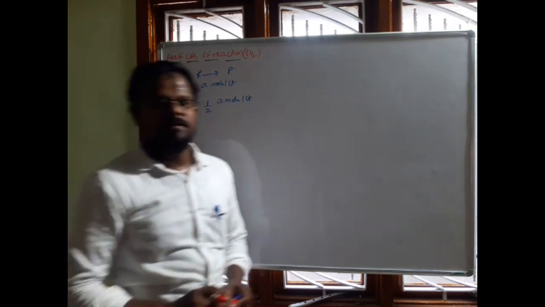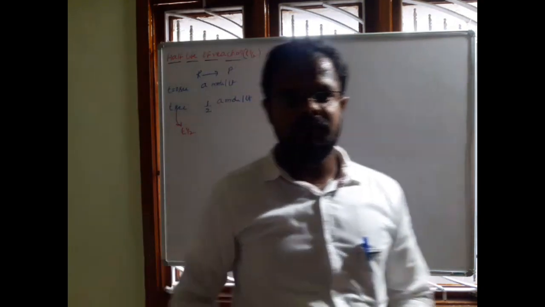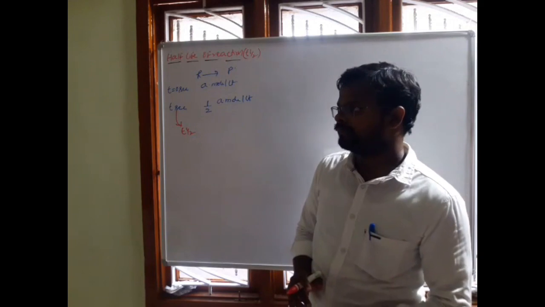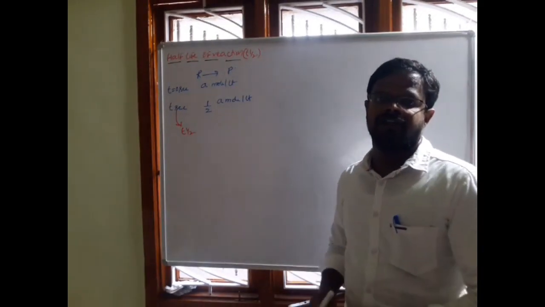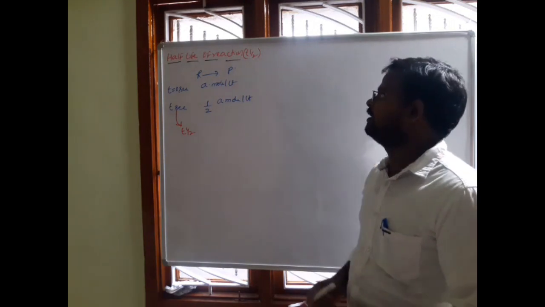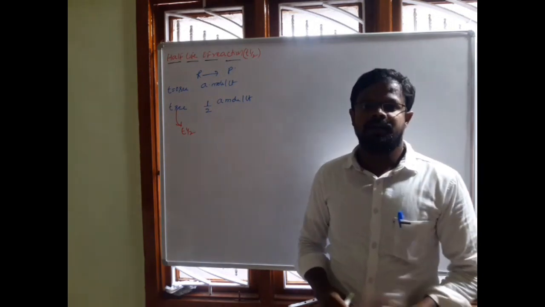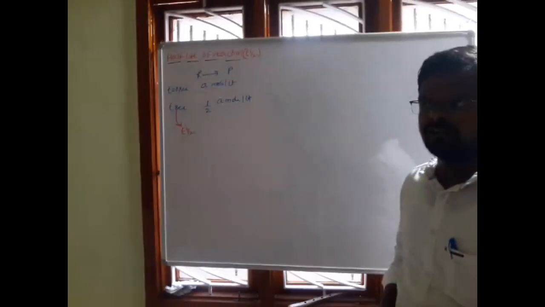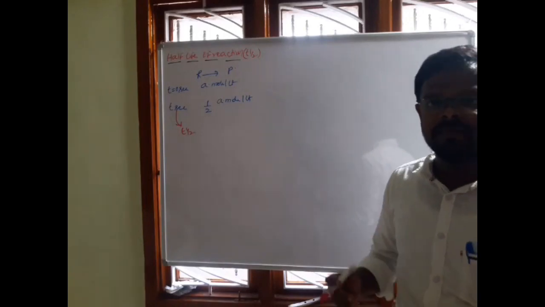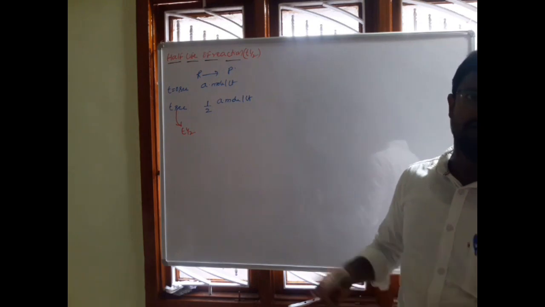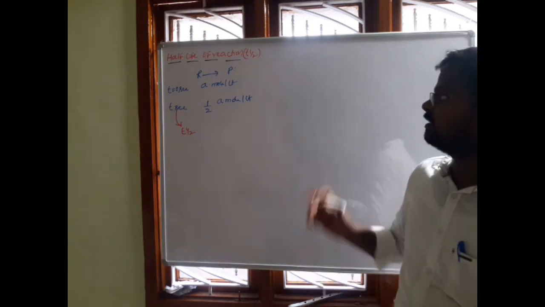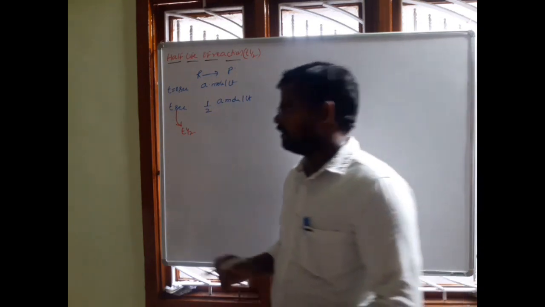That means the time taken for a chemical reaction to complete half of the initial concentration of the reactant is said to be the half-life of a chemical reaction. It is the time in which half of the initial concentration of the reactant is reduced.